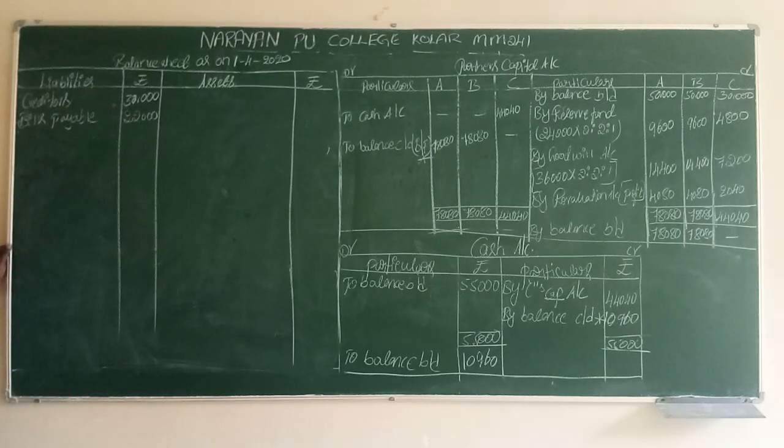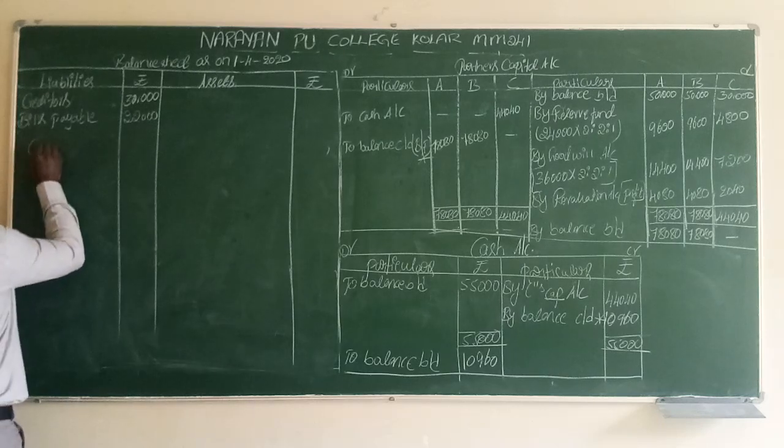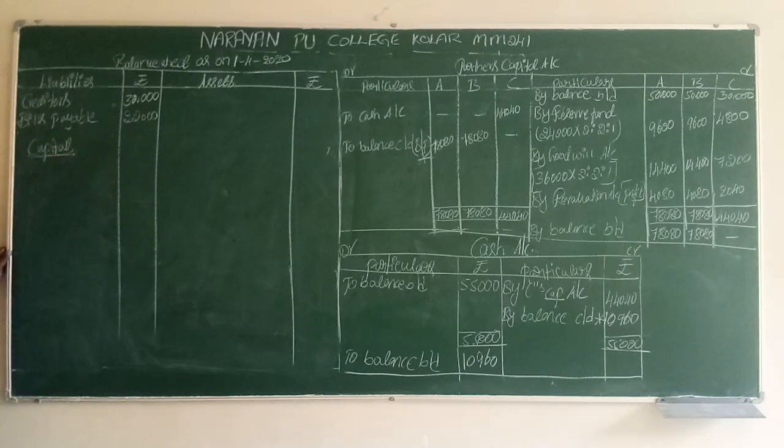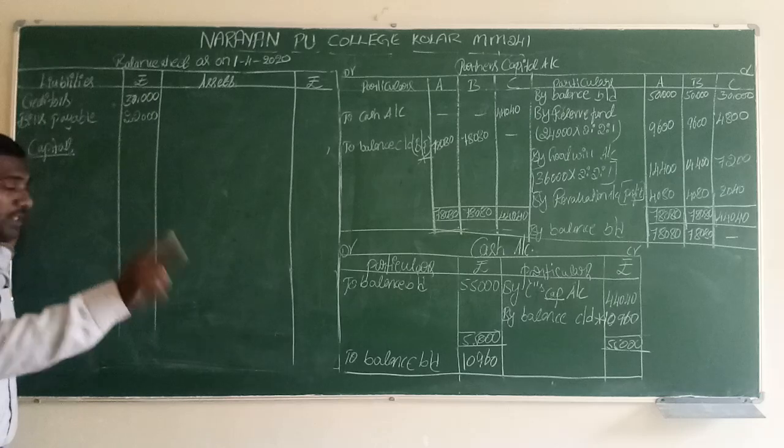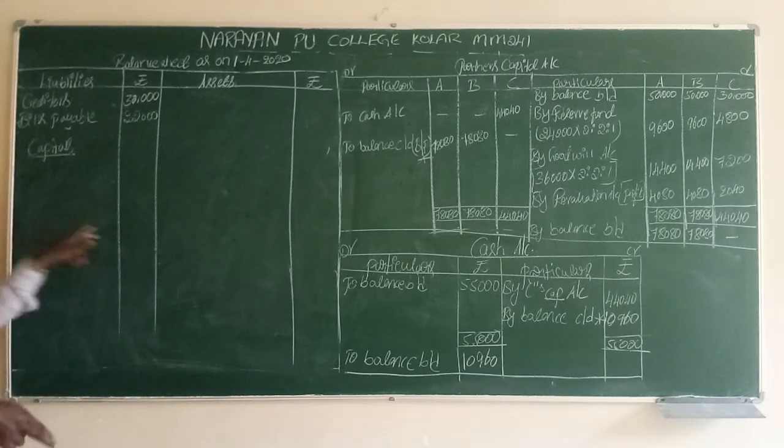After the reserve fund, we have the capitals. In the previous balance sheet, three partners' capitals are available: partner A's capital, partner B's capital, and partner C's capital. But in the new balance sheet, we should write only two partners' capital balances. We leave out one partner's capital because the one who is retiring has been settled. If we had not settled C, we would write C's loan amount separately.